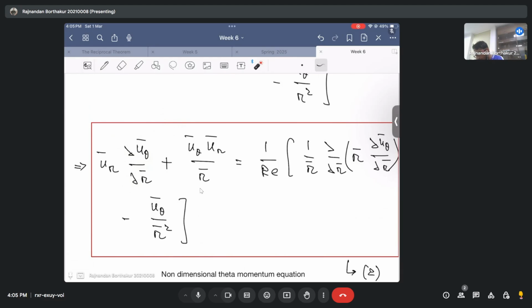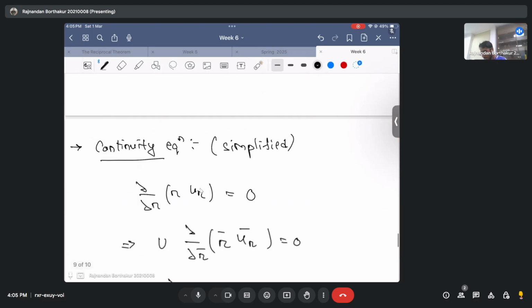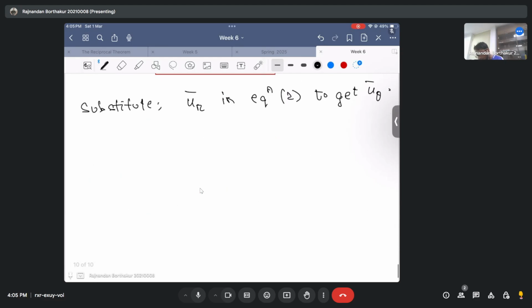The second thing, I know that this u r bar is just minus 1 by r bar, so wherever there is u r bar, I'll substitute it as minus 1 by r bar. I think there are only two places where we have u r bar. Here I'll substitute it as minus 1 by r bar, and I'll also substitute it here. Okay, so let's do this. So Reynolds number times minus 1 by r bar, and the partial derivatives I'll write now as ordinary derivatives, because my u theta bar and also u r bar are just functions of r only.